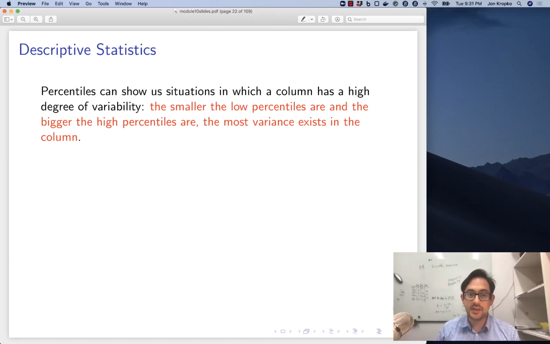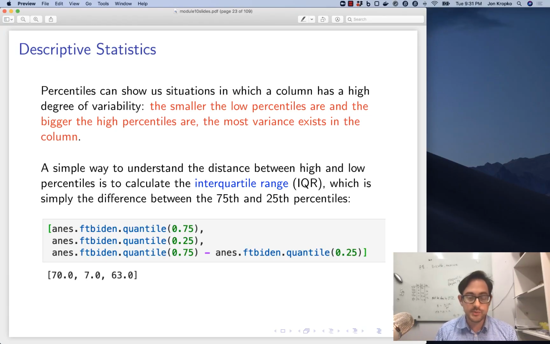Okay, now percentiles are cool because they can show us the degree of variability in that column. So the closer those percentiles are together, the less variability we have. And one quick and easy way to measure that degree of variability is with the interquartile range. So what we do is we figure out the 75th percentile and the 25th percentile and then take the difference.